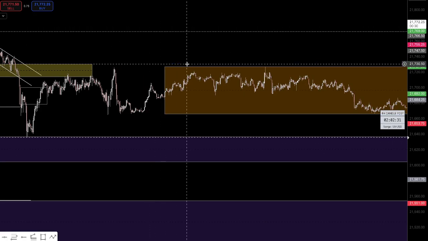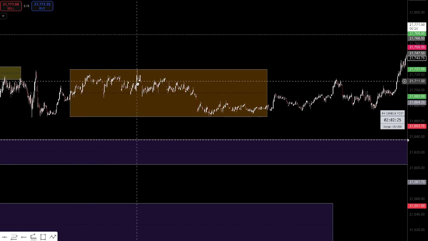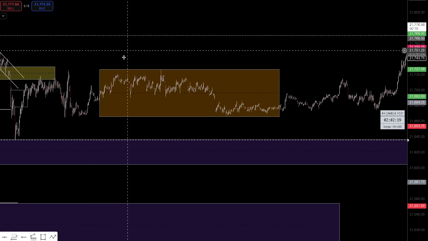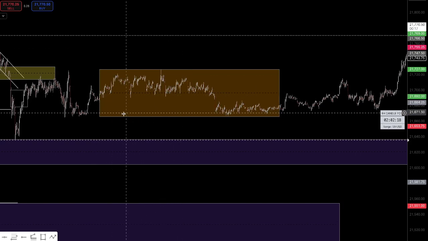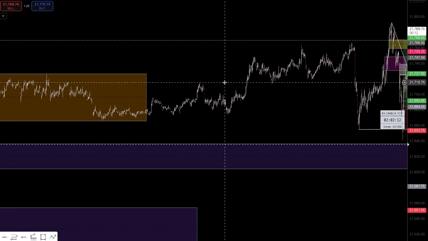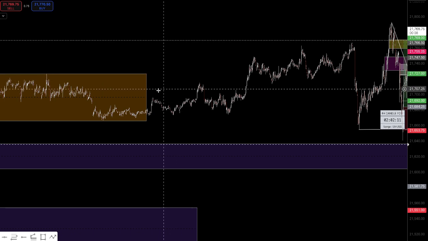Now the next day, Wednesday, once again, we have the Asian range here. Unlike the previous two days, Tuesday and Monday, we didn't have a market makers buy or sell model. This is just rangy, up and down. The first side that it takes is buy side liquidity.